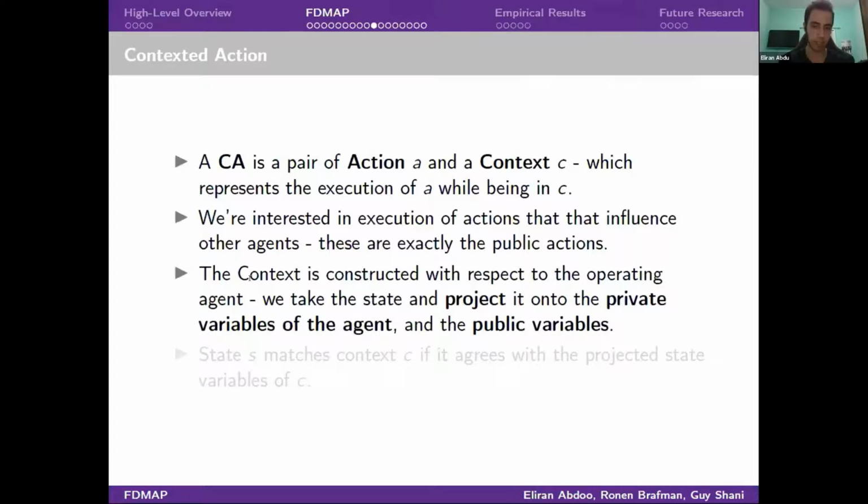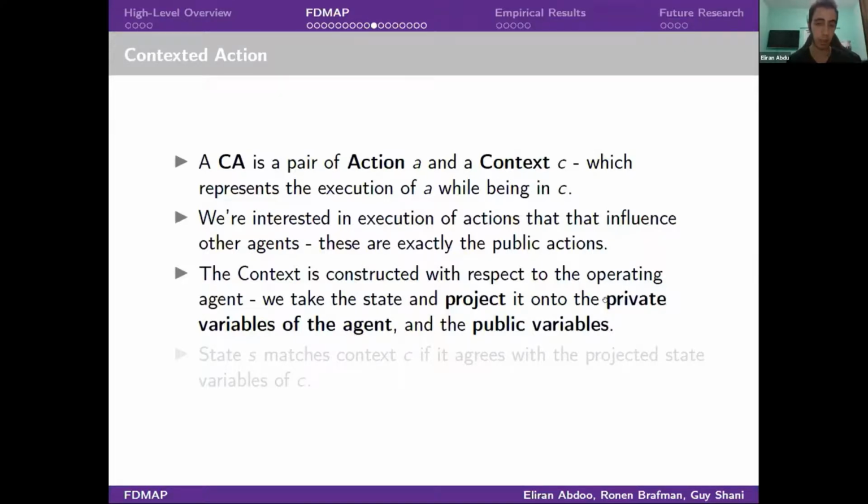The context is constructed with respect to the operating agent. So we have a certain action, which is an action of an agent, and we do such projection, meaning transferring the state to the context by looking at the action together with the agent. So as we said here, we take the state and project it into two parts.